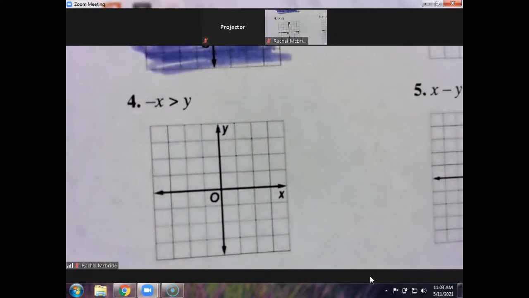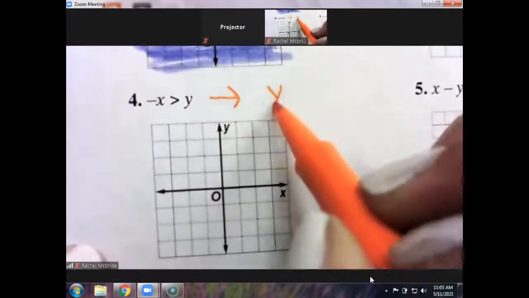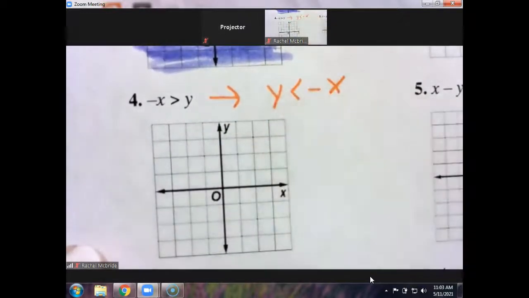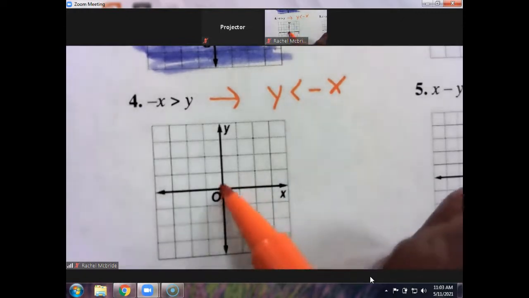So what are we going to do with number 4? Same thing as number 3. We're going to flip it. Okay, what's my y-intercept, Landon? Good. Luke, what's my slope?